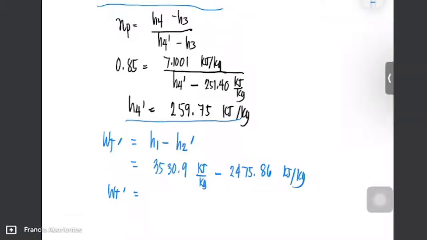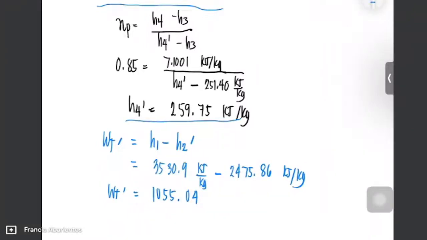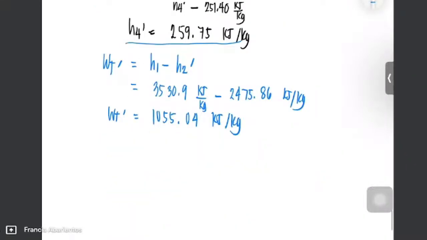We have now 3530.9. We have now 1,055.04. Tama ba yung sagot nyo? Okay. Kilojoule per kilogram. We will also compute for the actual pump work.